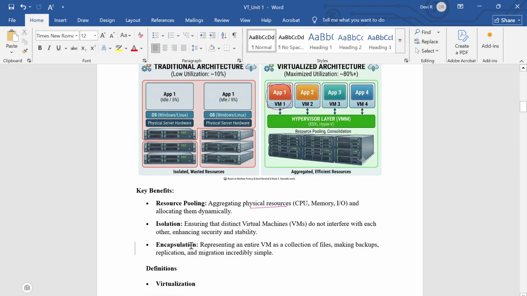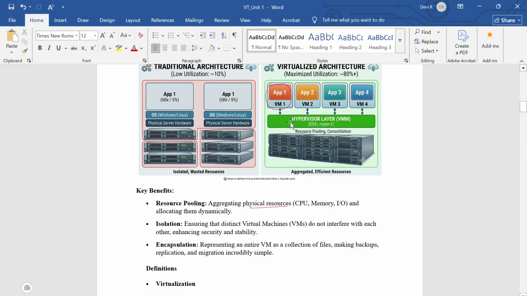Next comes encapsulation. This is very much important. We have to represent the entire VM as a collection of files, because for this VM we are going to create a thin software layer, which is known as the hypervisor or virtual machine monitor.